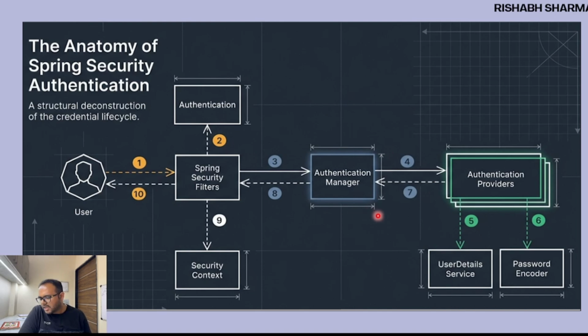Just consider it as something that delegates the request to the appropriate authentication provider. Now the authentication manager will send the object to your authentication providers. There are n number of authentication providers.